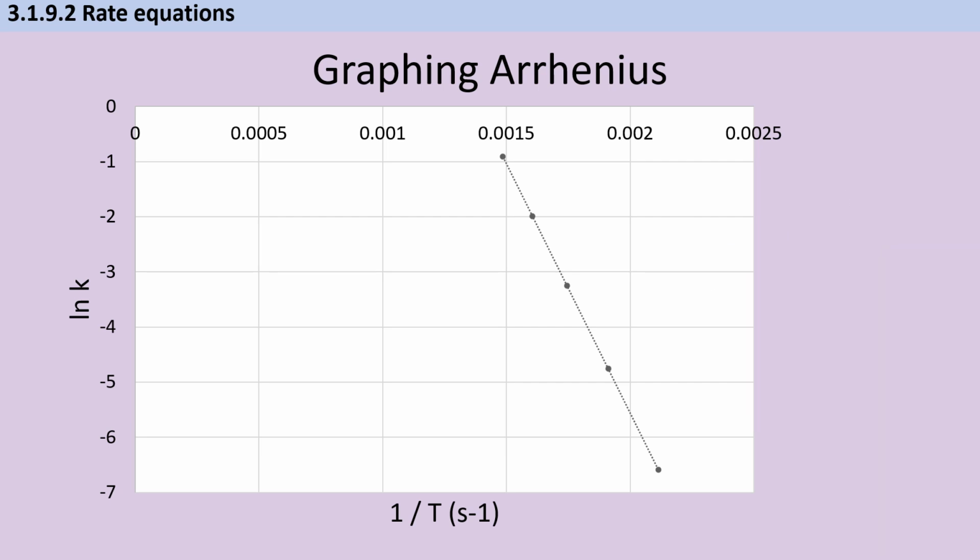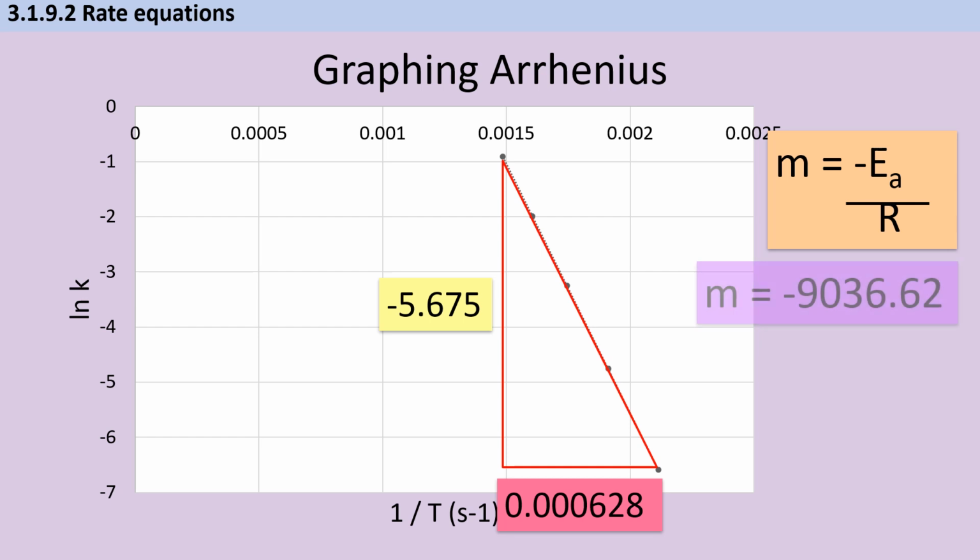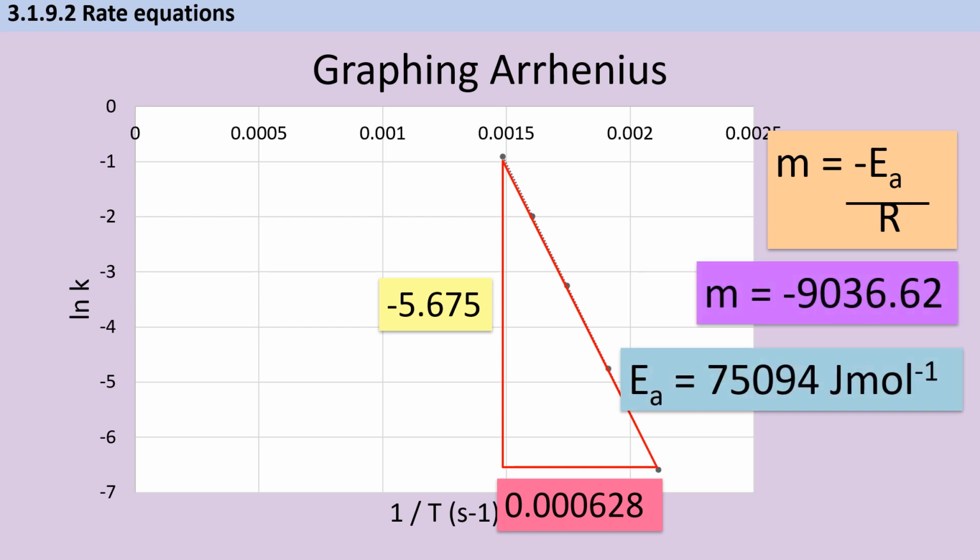As we've said, the gradient is going to be negative activation energy over R. So you need to make your line into a triangle and work out what your change in y and your change in x are. And that will give you a value for your gradient. Then if you divide that by -1 and multiply it by the gas constant, you get a value for the activation energy, which of course you then need to convert into kilojoules per mole.